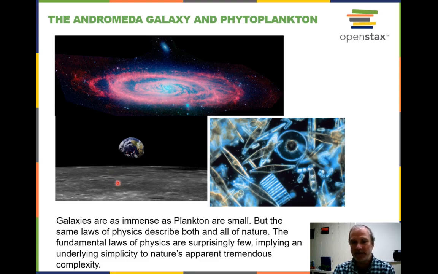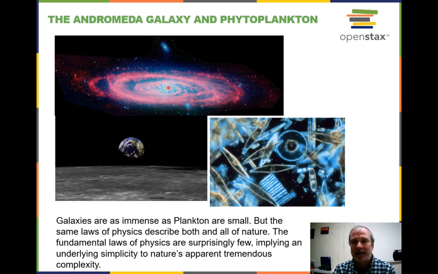It just could not have happened. And the scales between the Earth and the Moon, I would say they're microscopic compared to the scale of the Andromeda galaxy. And yet again, without the laws of physics, going to the Moon would be just as impossible as it is currently to get to the Andromeda galaxy, so many light years away. There's no way to get there.